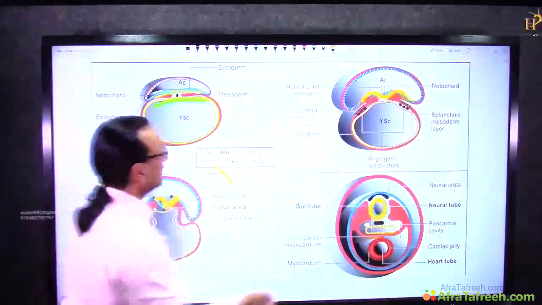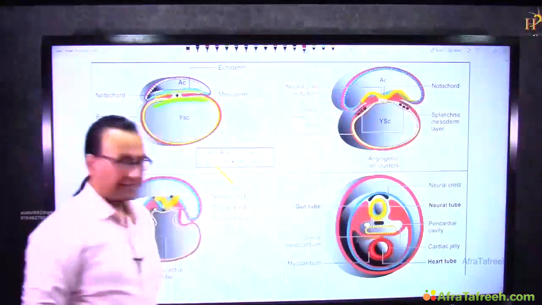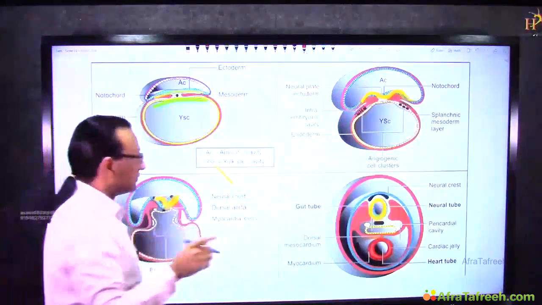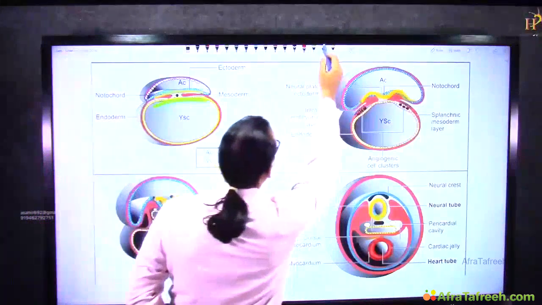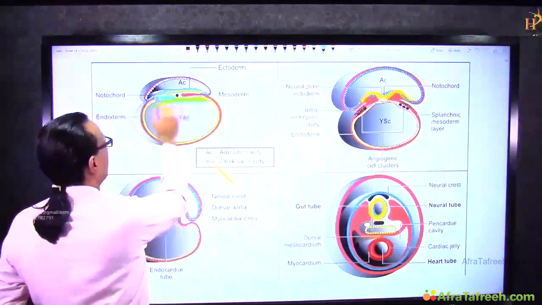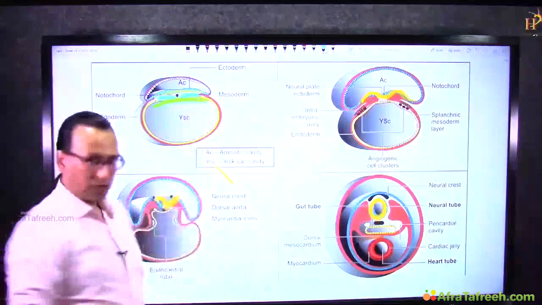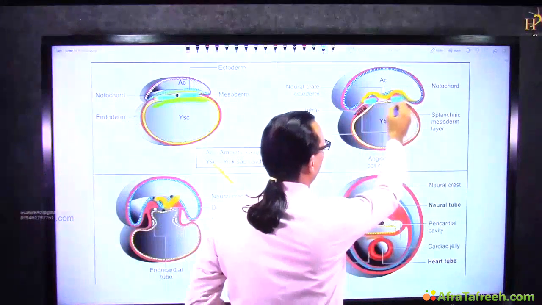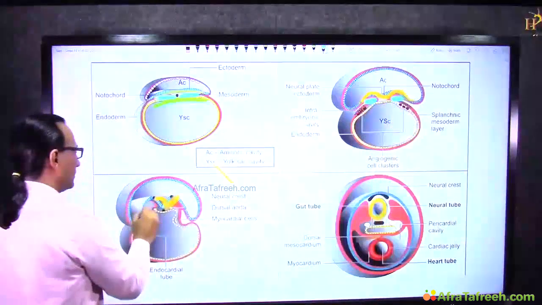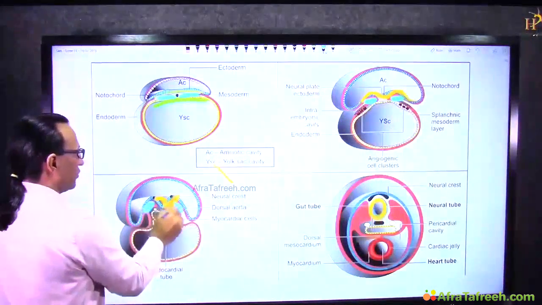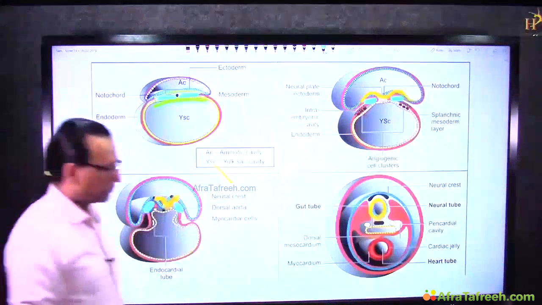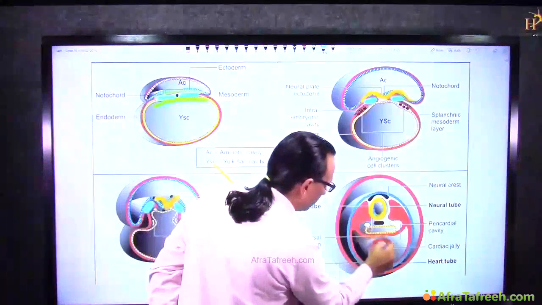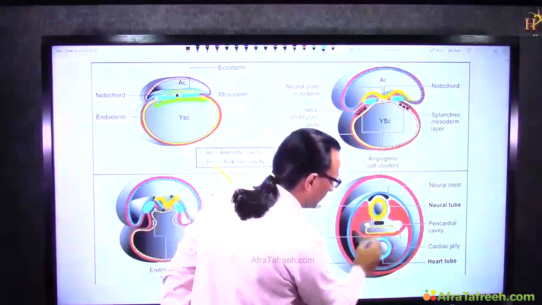As you proceed further to talk about the mesoderm, you see this is the mesoderm, and the mesoderm is further divided into certain components, but later, as you can find out yourself, this mesoderm is going to contribute to the cardiovascular tube. So here you can notice this is the cardiovascular tube.